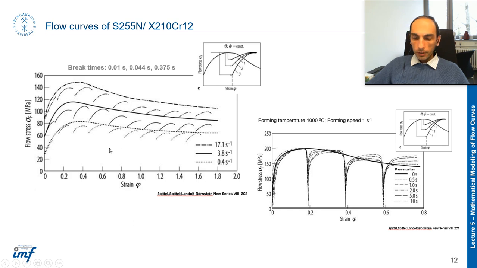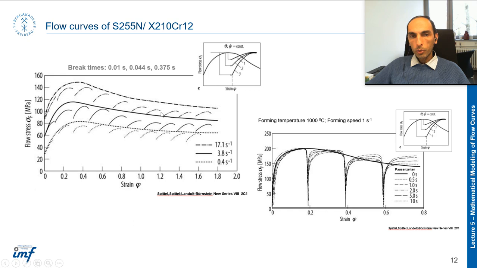But normally it's a continuous experiment. It means that we start the deformation and apply the deformation continuously, and finally the experiment finishes without any stop. But if you quit the deformation, then you will see a reduction of flow stress compared to the case that you apply the deformation continuously.